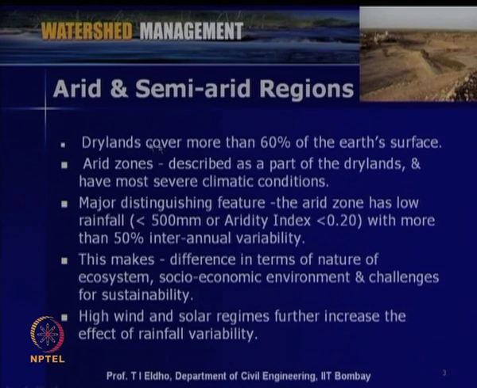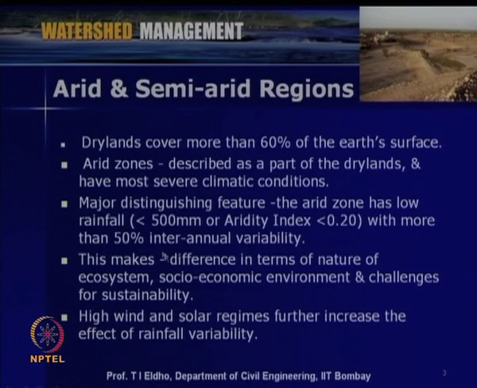Some of the peculiarities of these arid and semi-arid regions include high winds and solar regimes, and these further increase the effect of rainfall variability. These are some of the important aspects as far as arid and semi-arid regions are considered. Arid region is where the rainfall is less than 500 mm.